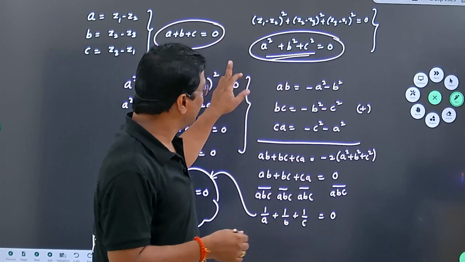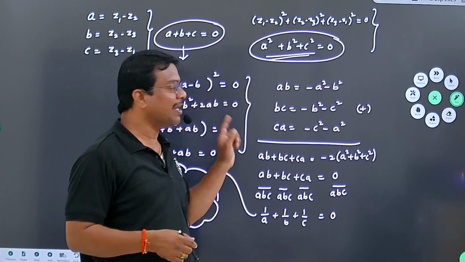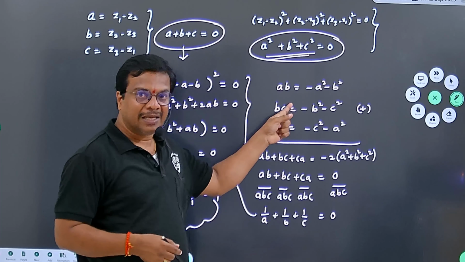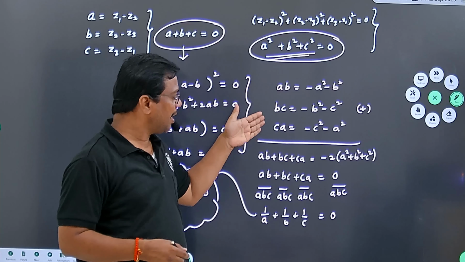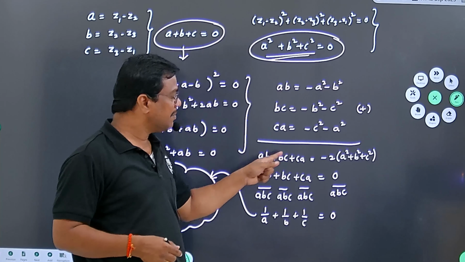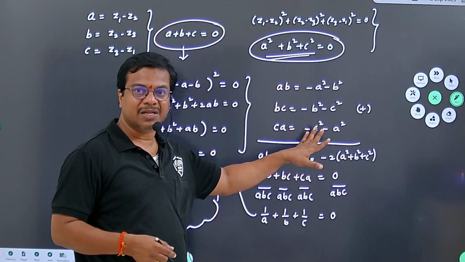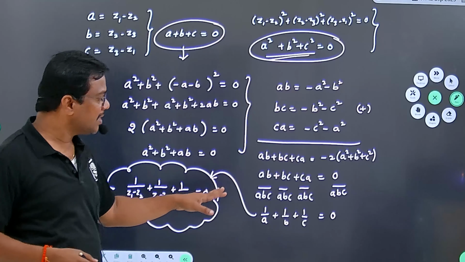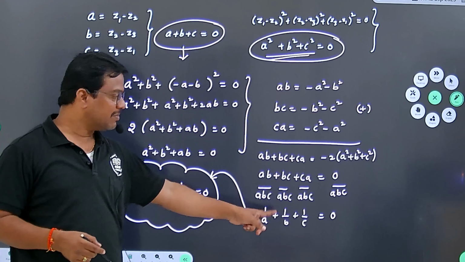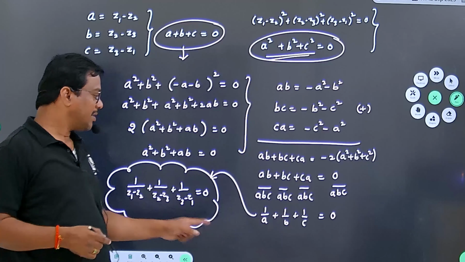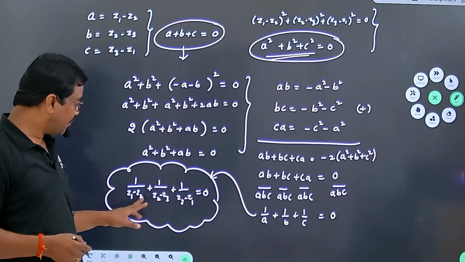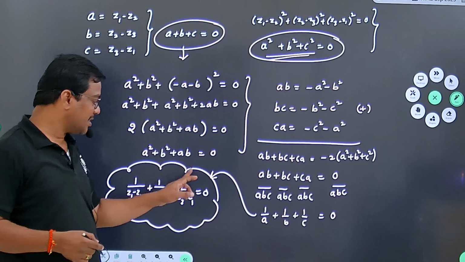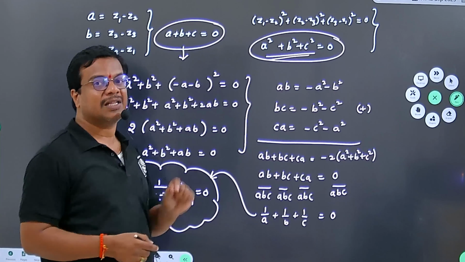Similarly, we can prove the bc value as well as the ca value. Adding all the three, the ab plus bc plus ca combination becomes 0. In the next step, dividing each and every term by abc, you got 1 by a plus 1 by b plus 1 by c is 0. That is, the sum of reciprocals of z1 minus z2, z2 minus z3, z3 minus z1 becomes 0.